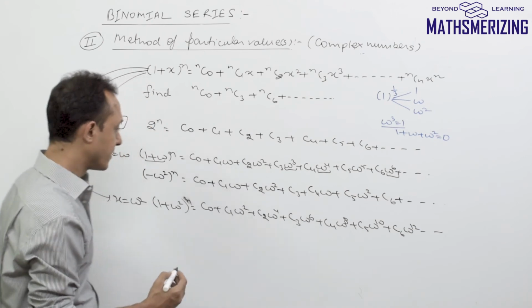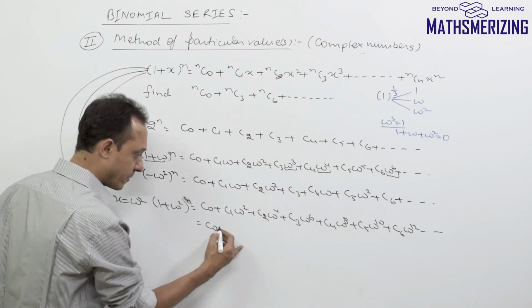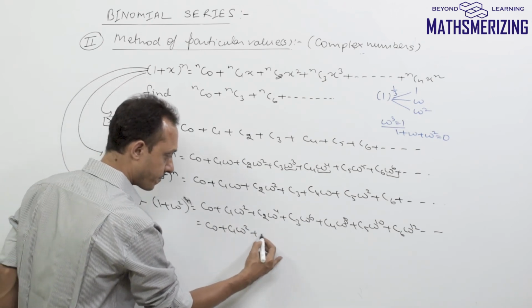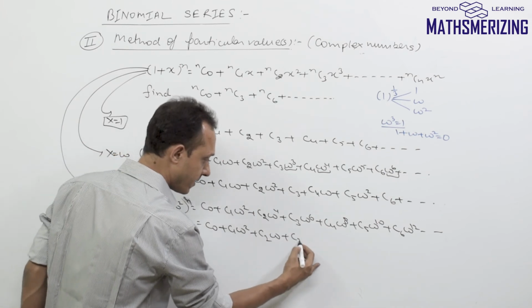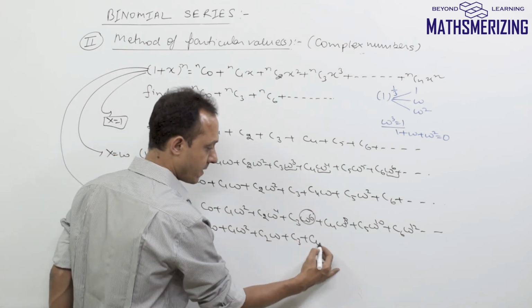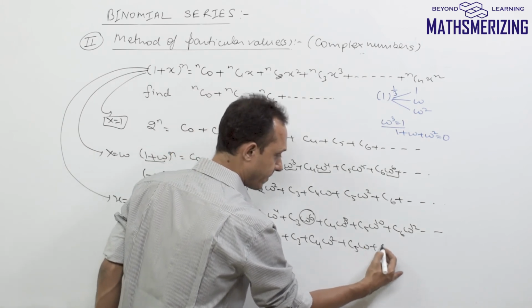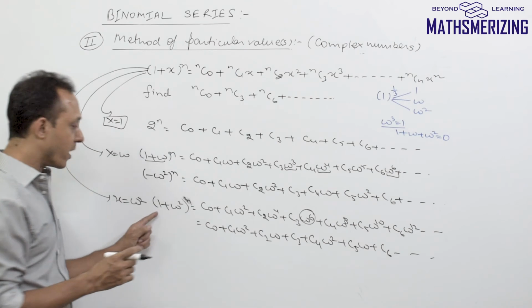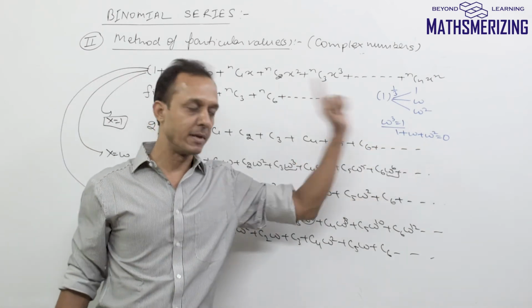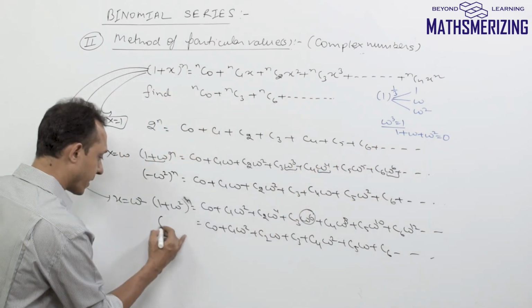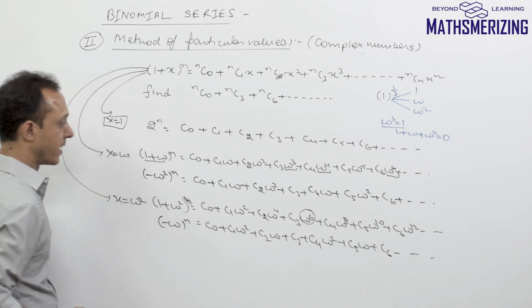So I'll simplify it again. I'll get C0 and then C1 omega square, C2 omega, C3 omega cube is 1, C4 will be omega square, C5 omega, and then C6, and 1 plus omega square is simply minus omega. So I'll write it as (minus omega) to the power n.